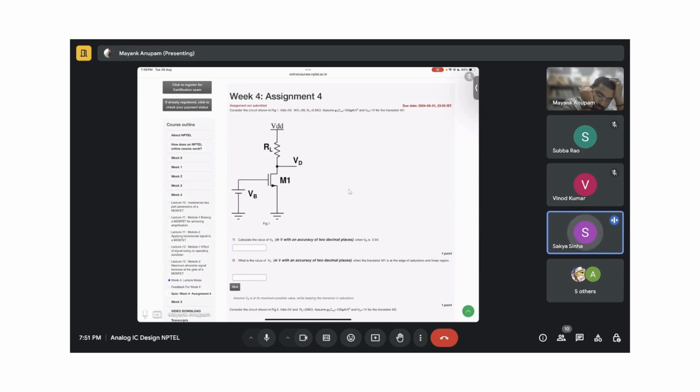And then you are saying that we know it is in saturation. Now check what about VB, how it will behave. That is one possible question that I framed.